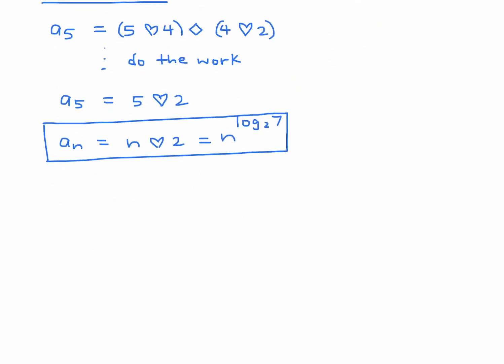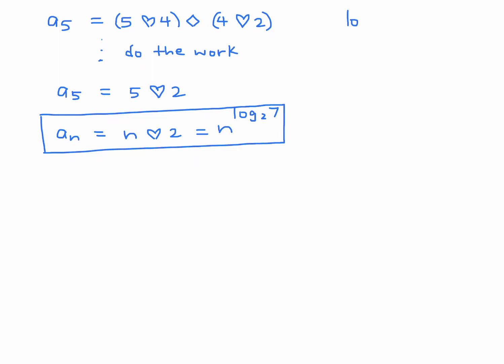Okay. So they want me to figure out the log of a 2019 to the base 7. Well, the log of a to the 2019, according to this formula, let's just do it down here.